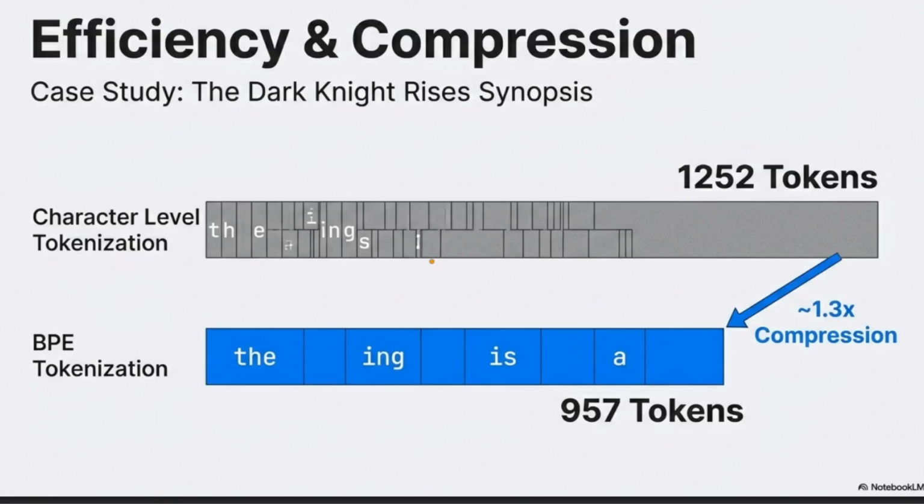After applying the BPE, that number dropped to 957. This compression is almost 30%. This means the model can read 30% more text at once, effectively increasing its memory and context window without increasing the computing power.